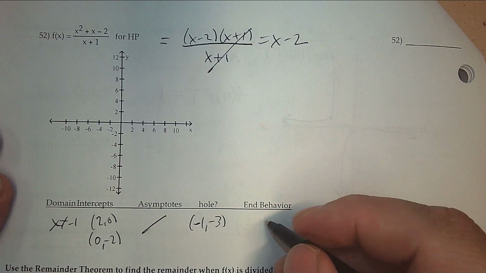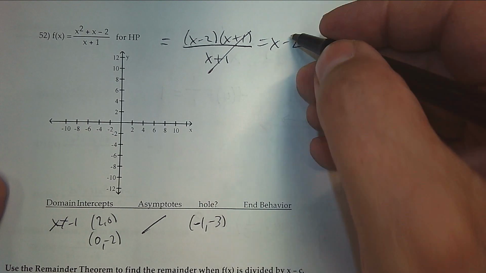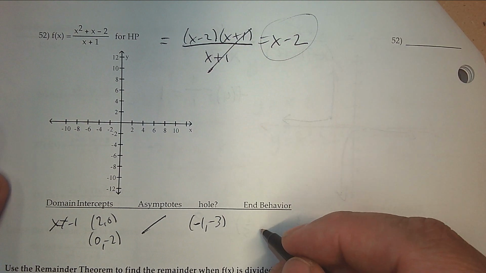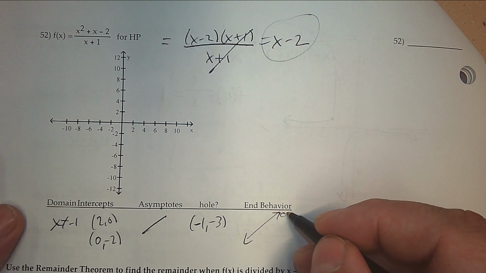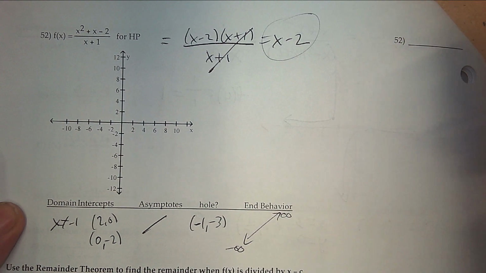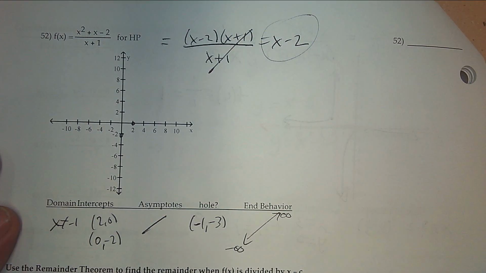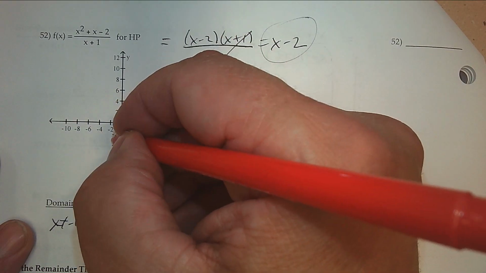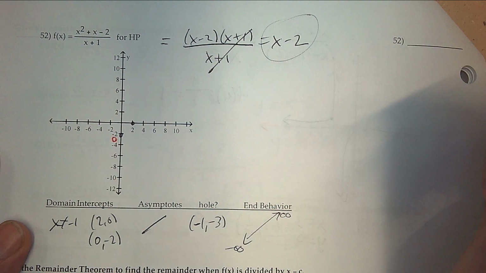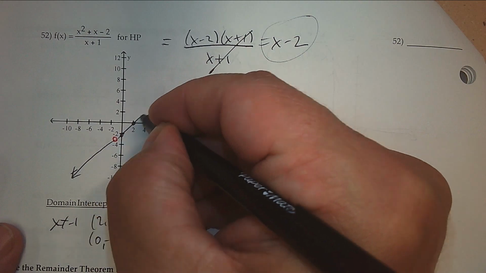And the end behavior, well, this is going to be a line, right, where the right end is going to go up and the left end is going to go down. So the right end infinity, left end negative infinity. So find 2, 0 and 0, negative 2. The hole is at negative 1 and 3, negative 3. And then draw your line with a hole in it.